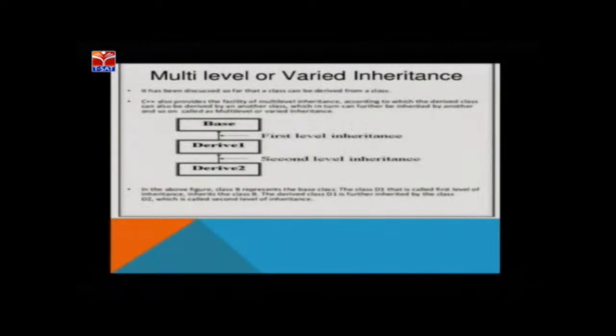Multi-level inheritance is a type of inheritance in which a new class is derived from an existing derived class. Friends, look at this picture. Here I have taken three classes: class base, class derived 1, and class derived 2.